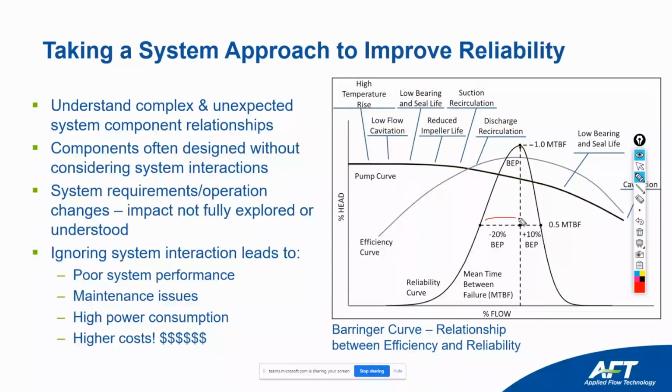So you want to try and stay within this region as much as you can, and that's where flow analysis is really beneficial, because you can model all sorts of different cases and get a much better understanding of how your components interact with each other, and explore what it looks like when your system requirements or operation changes.